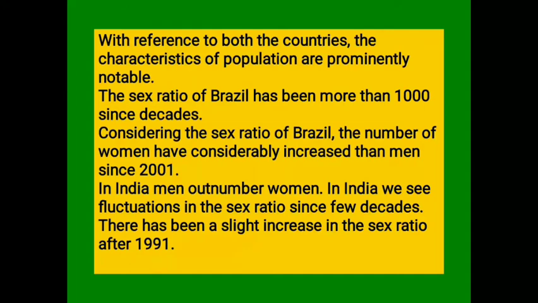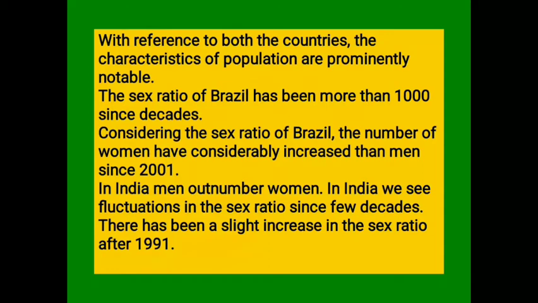With reference to both the countries, the characteristics of population are prominently notable. The sex ratio of Brazil has been more than 1000 for decades. Means from the past many years we have seen that the sex ratio, that is the female population, was always more than 1000. That is more than men.